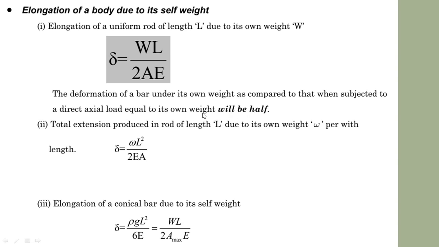Now total extension produced in a rod of length L due to its own weight omega per unit length is delta equals omega L square divided by 2EA. Elongation of a conical bar due to its self weight is delta equals rho g L square divided by 6E, that is WL divided by 2 A max into E.